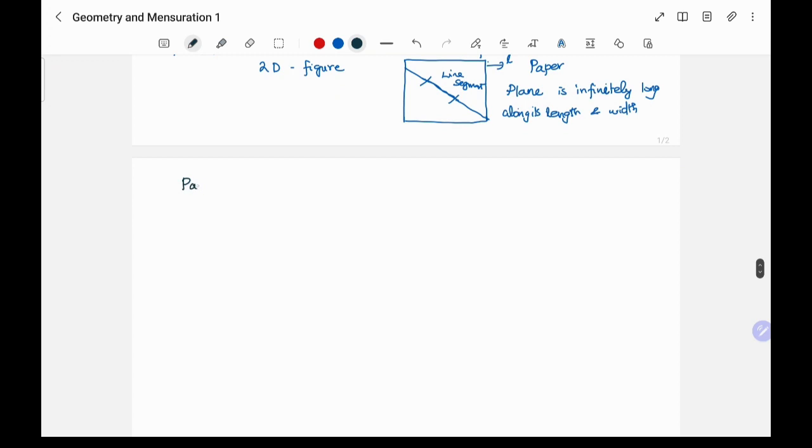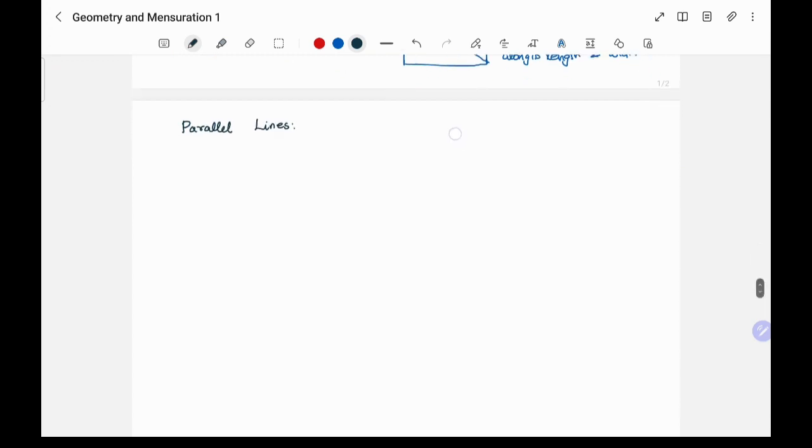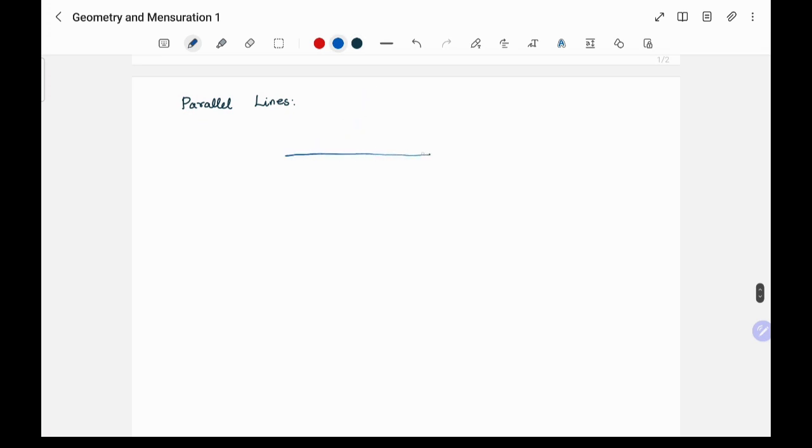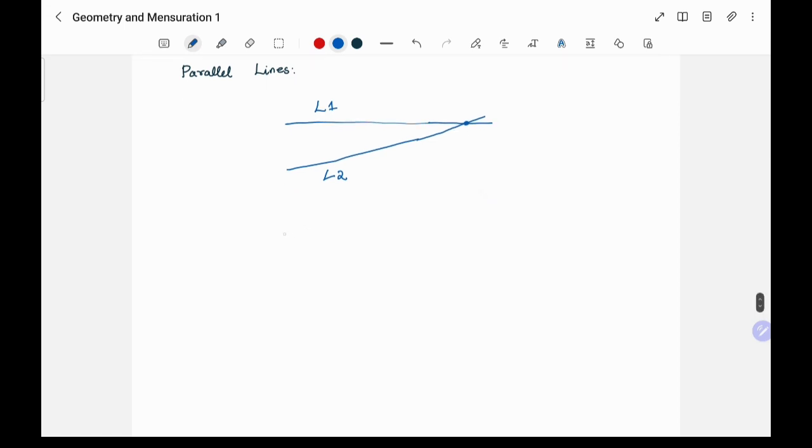Now we go to the concept of parallel lines. If you take any two lines on a plane, let's say L1 and L2, and this is some plane, and you extend these, there is some point where they intersect, right? There are also lines like this, L1, L2, such that when you extend them, they will never intersect.